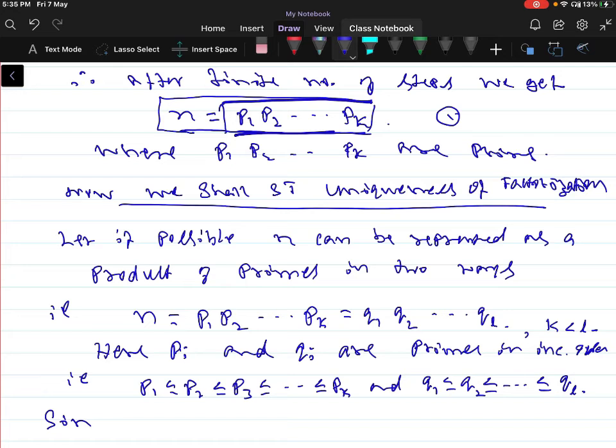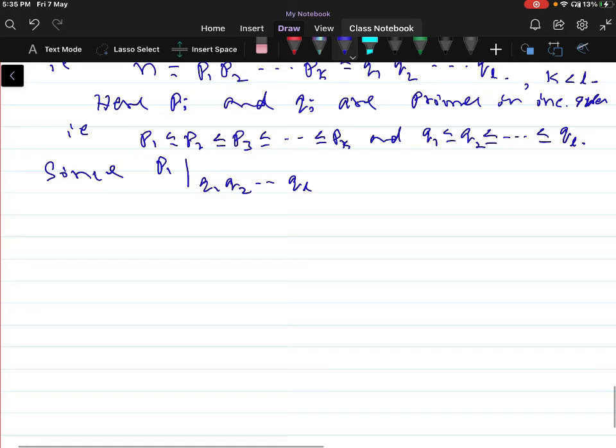Since p1 divides q1 into q2 and so on ql, there exists some qr such that p1 divides qr.